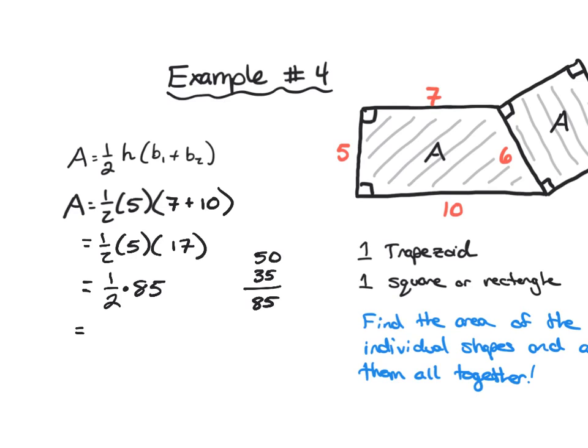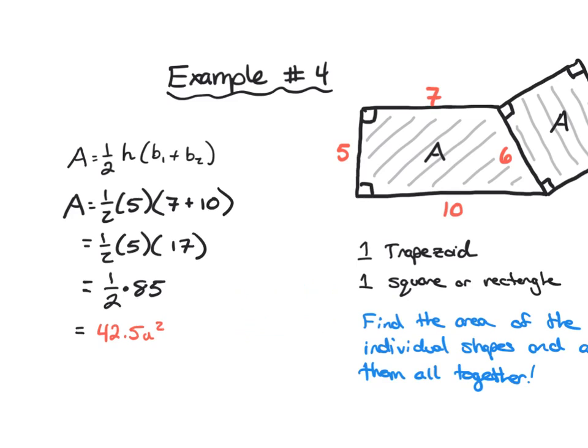So if I'm trying to do this using mental math, I could say half of 84 is 42. Half of 1 is 0.5. And so my answer would be 42.5 units squared. That would be the area of my trapezoid.